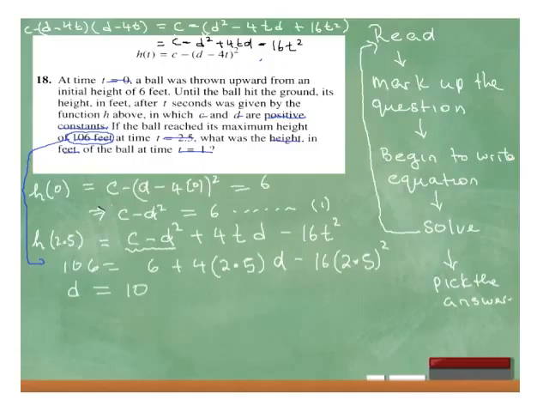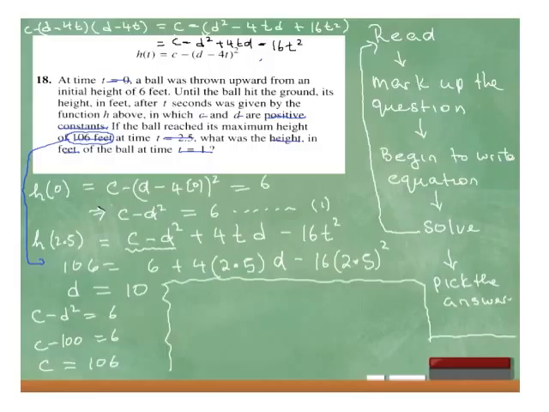Okay, so if I know D, if I know that C minus D squared is 6, and if I know D squared is 100, so I know C is equal to 106. I'm now on the home stretch.